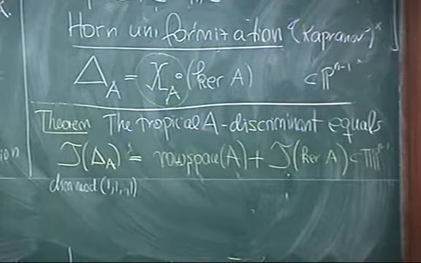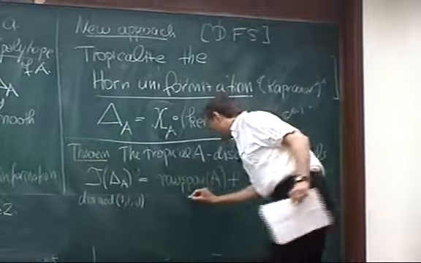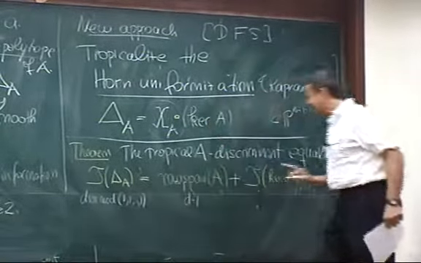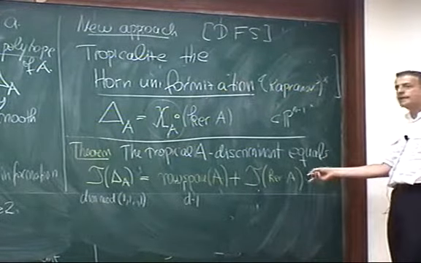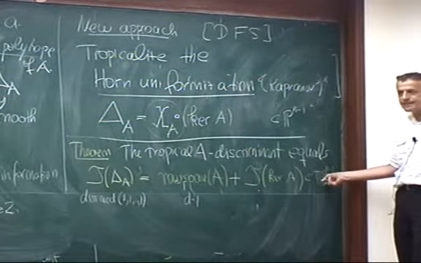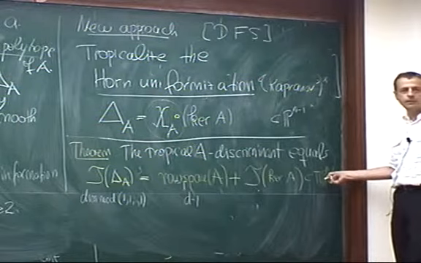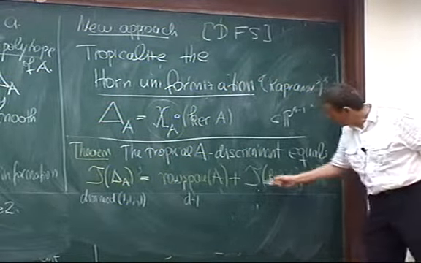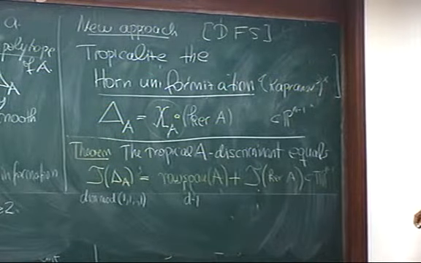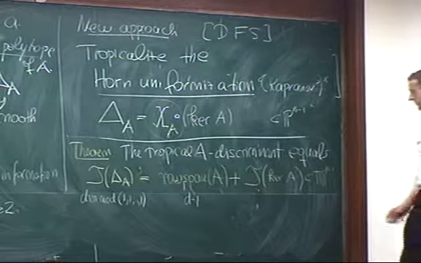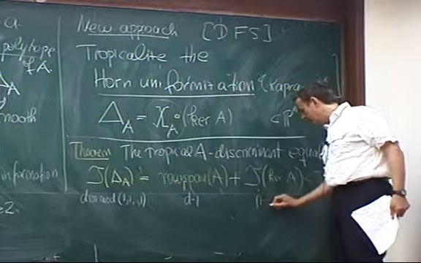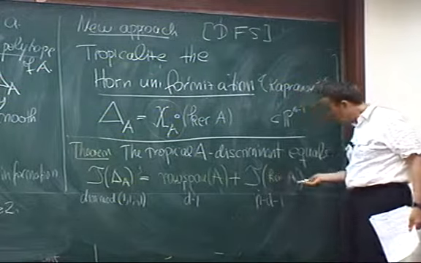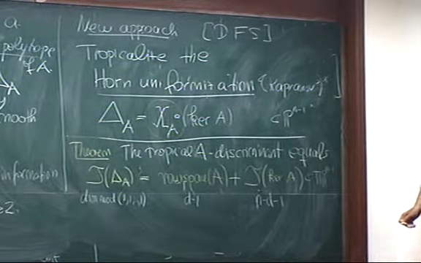So modulo the all-one vector, this becomes a (d minus 1)-dimensional classical linear space in (n minus 1)-space. Now what about the tropicalization of the kernel of A? Well, the kernel of A is an (n minus d)-dimensional space. In projective space, it's an (n minus d minus 1)-dimensional projective space.